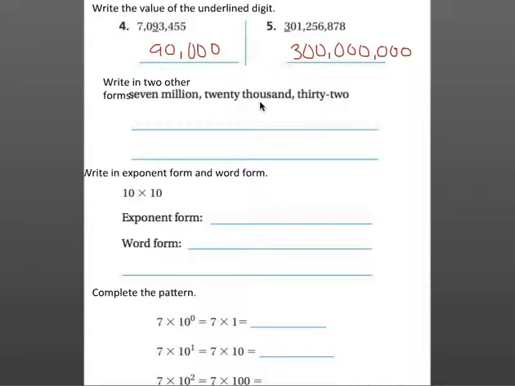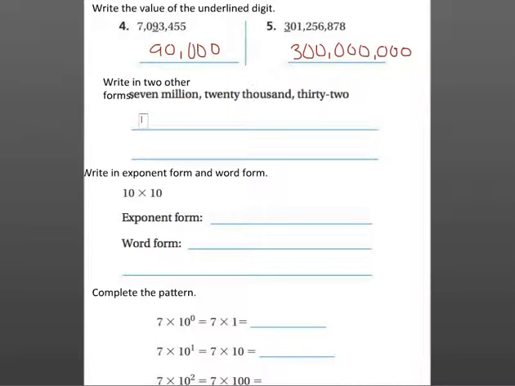Now, there are ways that we can write out numbers. We have word form, we have expanded form, and we have standard form. And so I'm going to show you those 3 different ways. So the first way is word form, which was given to us here. The second way is standard form, where you're just going to write out the number.